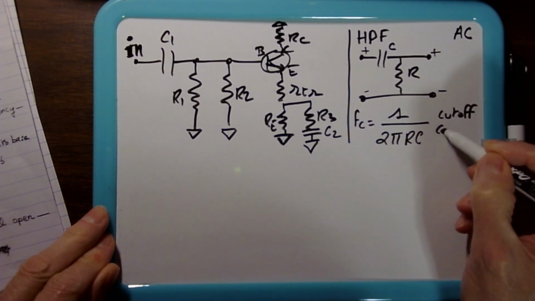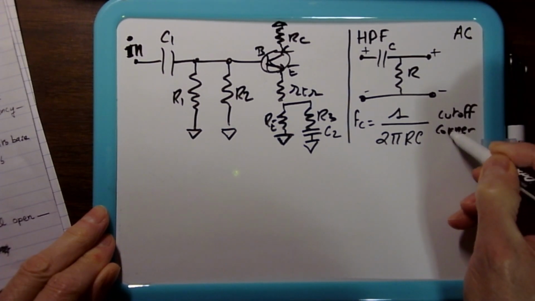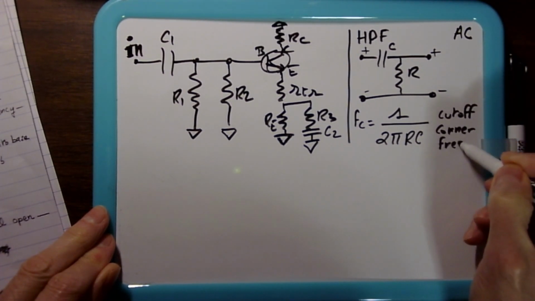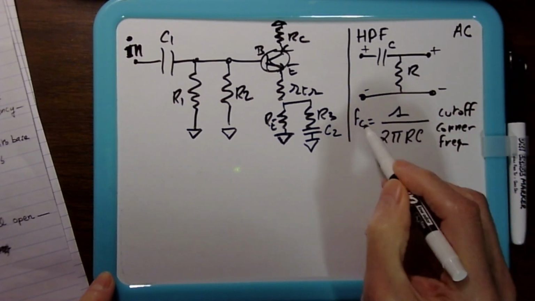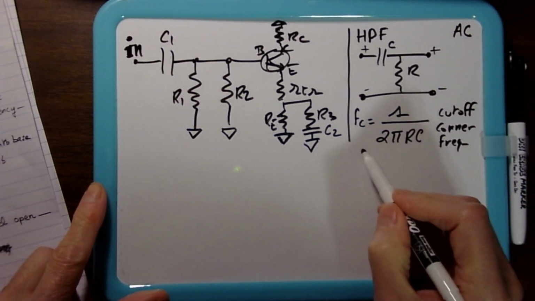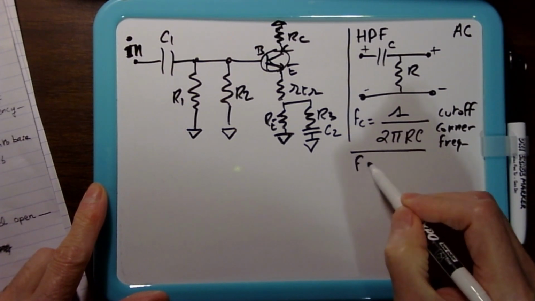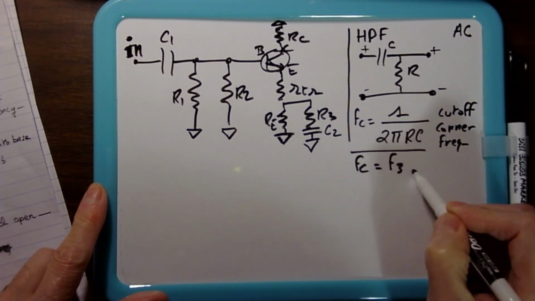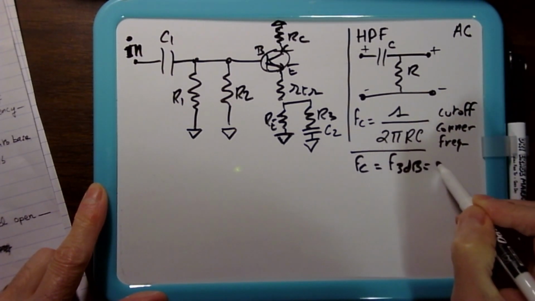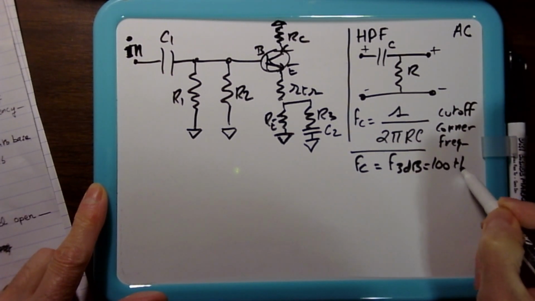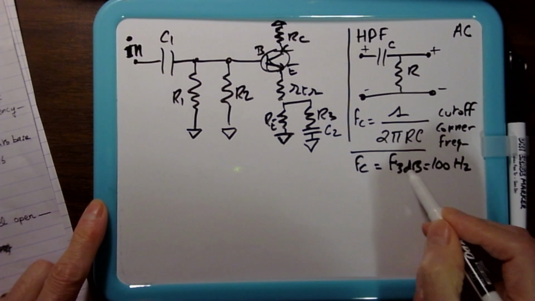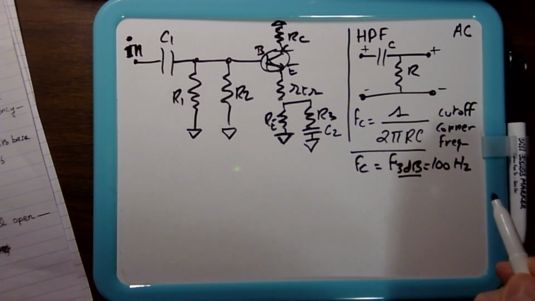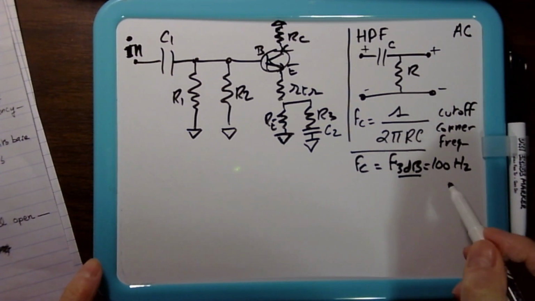Sometimes it's called corner frequency. So we're going to use that, because we know the assumption is that Fc is equal to F3 dB, and it's equal to 100 Hertz. F3 dB means that the 3 dB means you lose half the power.